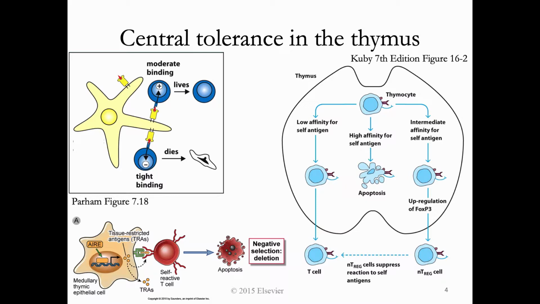So there has to be some low binding to self-antigen in order for that T cell to actually be positively selected and leave the thymus. This allows us to make sure that all of our T cells bind to self-MHC. And so, as we said, every T cell is a little bit self-reactive when it comes out of the thymus.